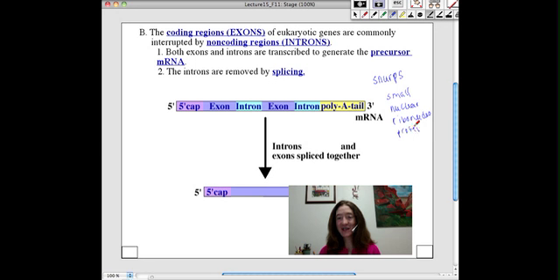And I just love SNRPs. I tell you what, if you write SNRPs and tell me what they do on the front of any exam from now on, I will give you extra credit, because SNRPs are just way cool. They're part of the spliceosome that come through and literally cleave out these introns and remove them, leaving only the coding regions. So we end up with a mature mRNA that has only the exon or coding regions.